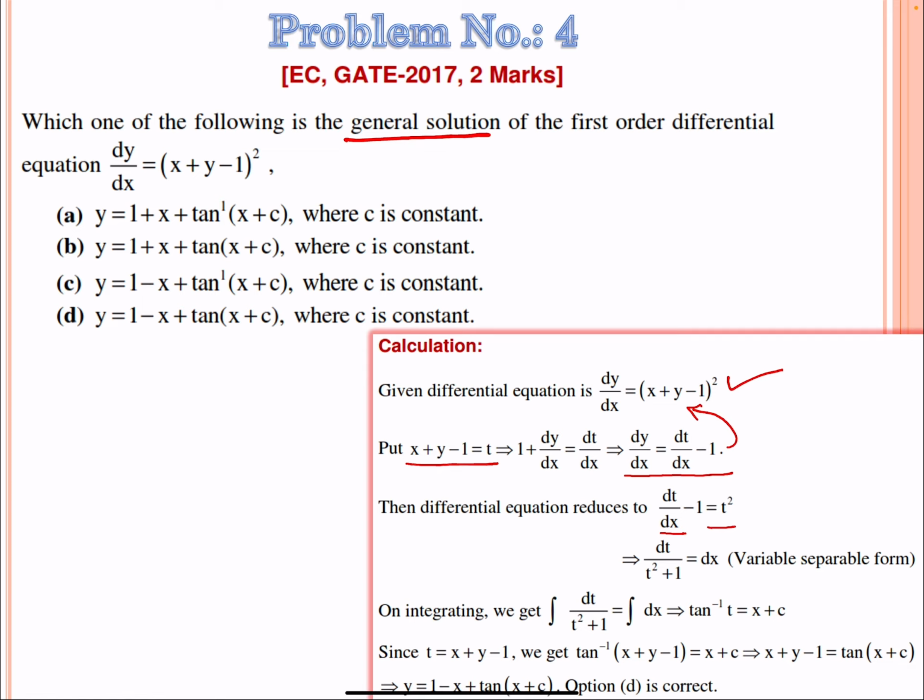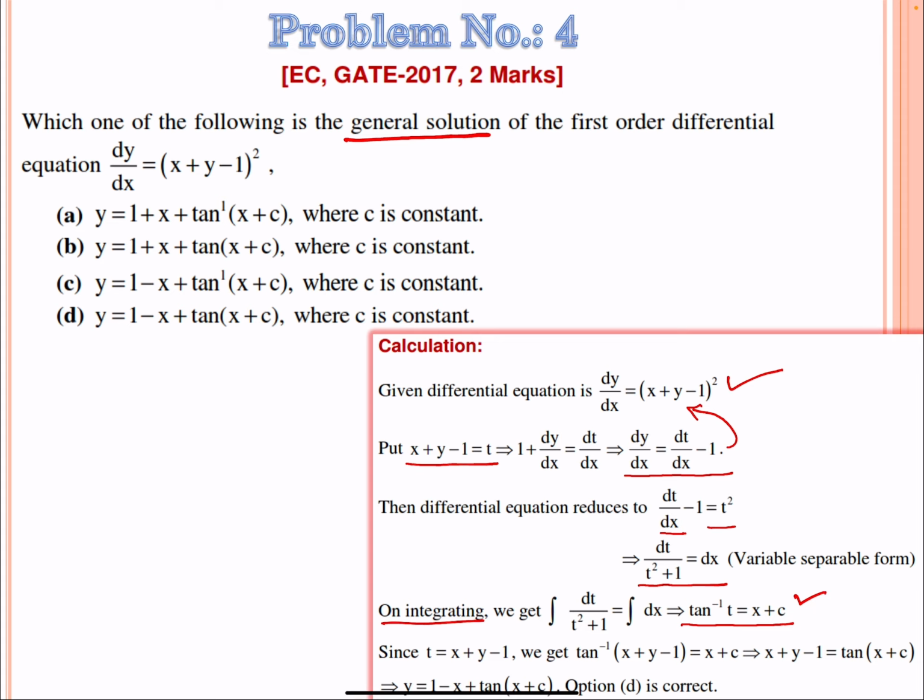So dt over t square plus 1 is equal to dx, which is a variable separable form. On integrating, we obtain integral dt over t square plus 1 is equal to integral dx. When you solve these integrals, we get tan inverse t is equal to x plus c. Clear? Now this one is the solution.